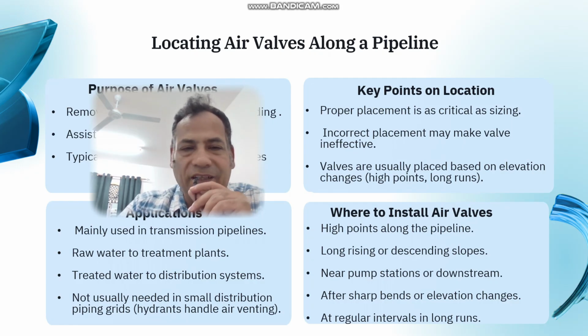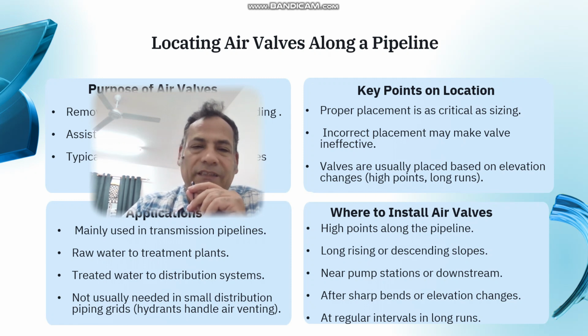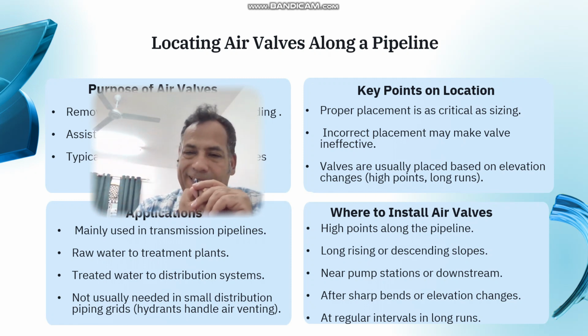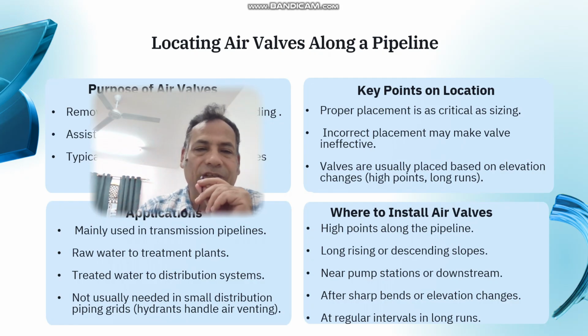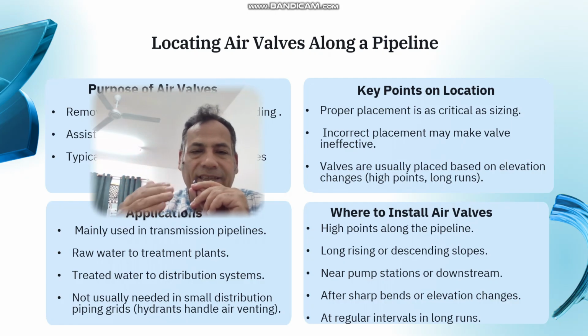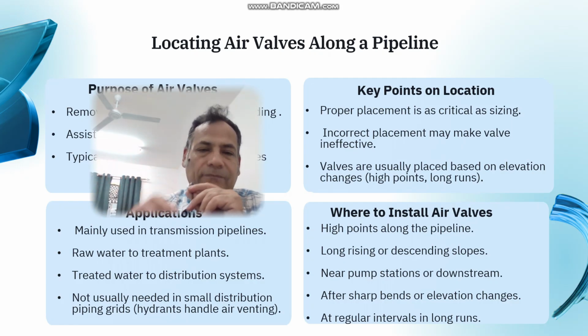All of these air valves will be installed at high points. Drainage will be at low points, and air valves for releasing air and so on will be installed at high points.